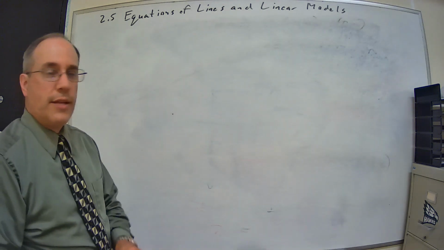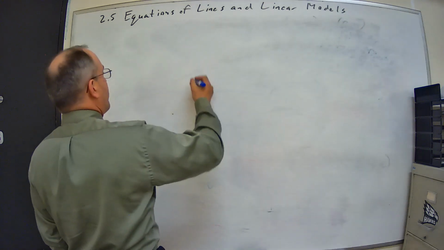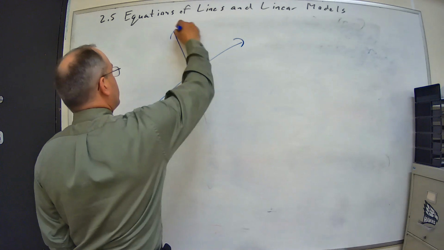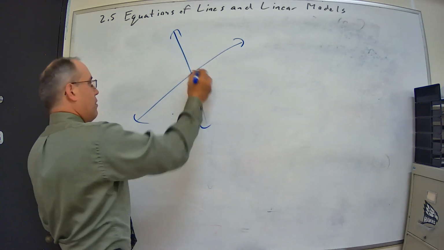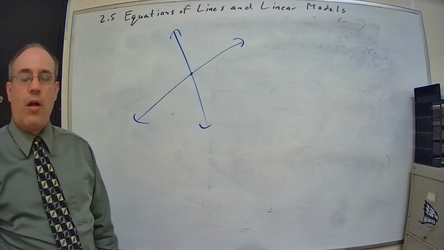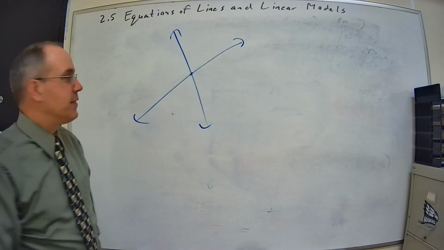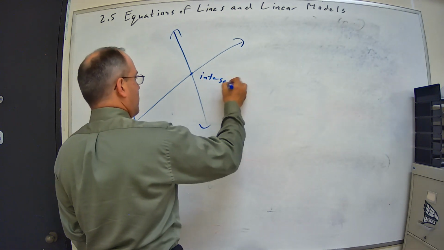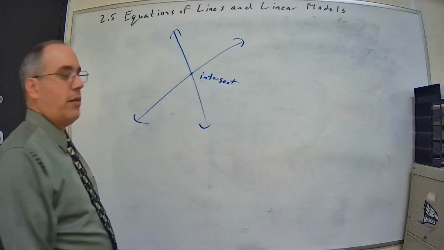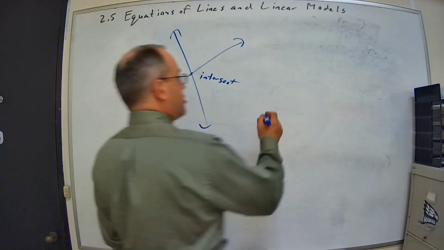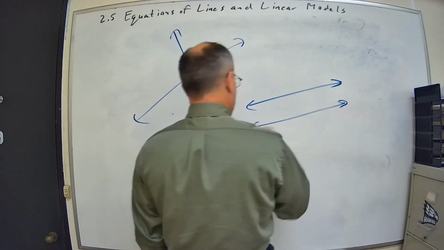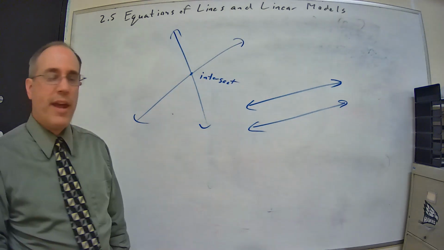If we have two lines on the same plane, they're either going to cross over one another, which we call intersect, right? They're either going to intersect, or they're not going to intersect. If they don't intersect, they're parallel.